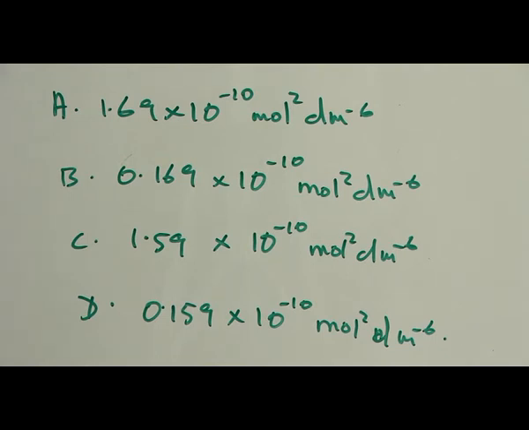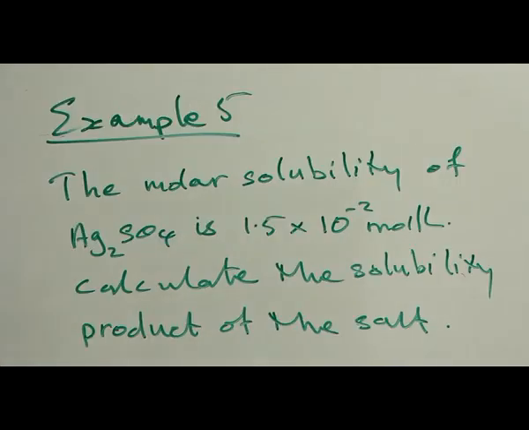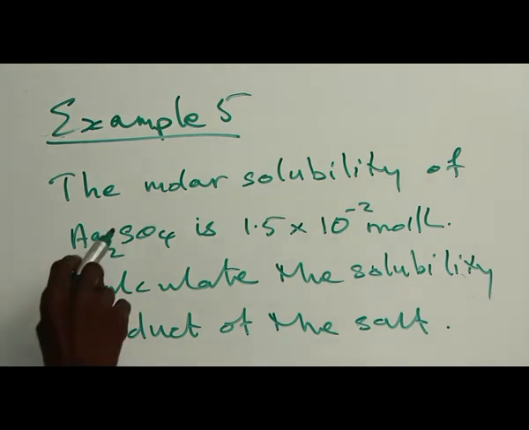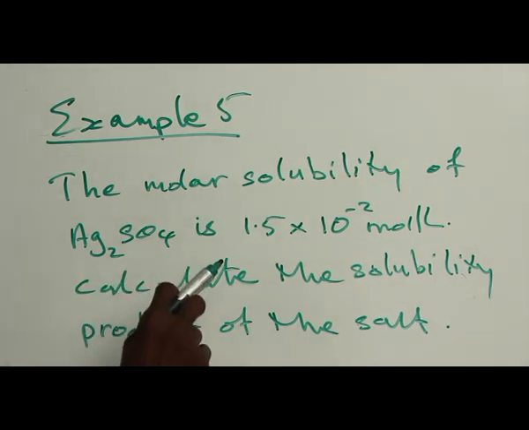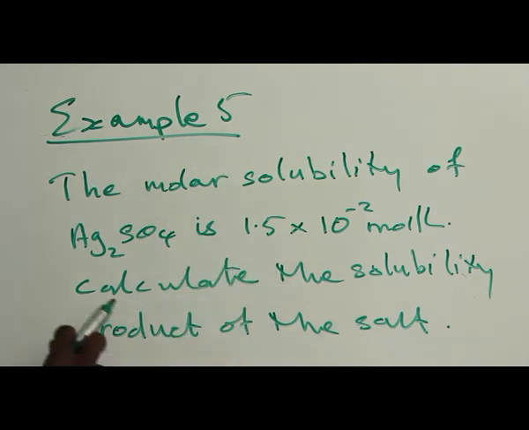And consequently, that option is A. Let's consider the last but not the least example under this topic. The molar solubility of silver tetraoxosulphate VI is 1.5 times 10 to the power minus 2 mole per liter.